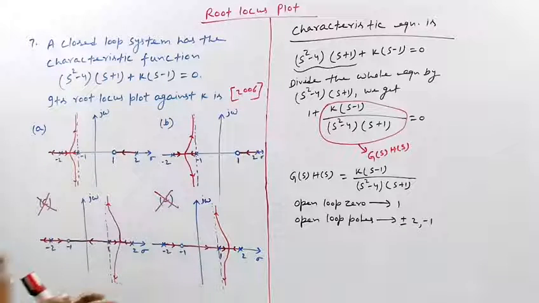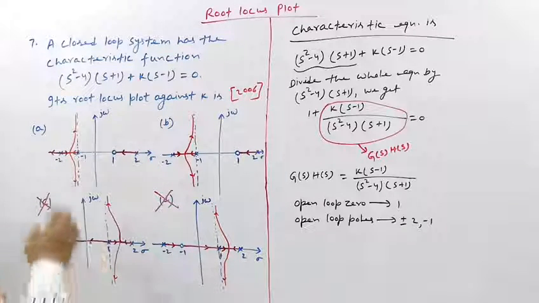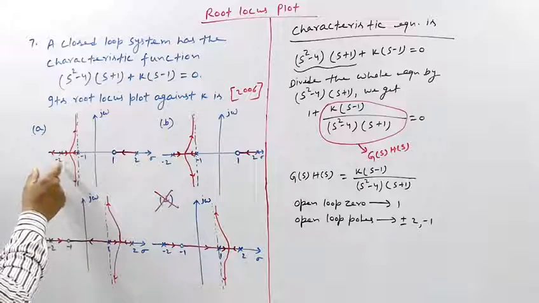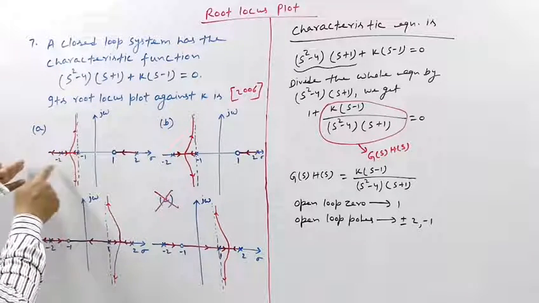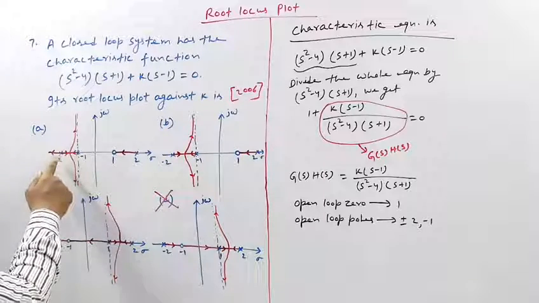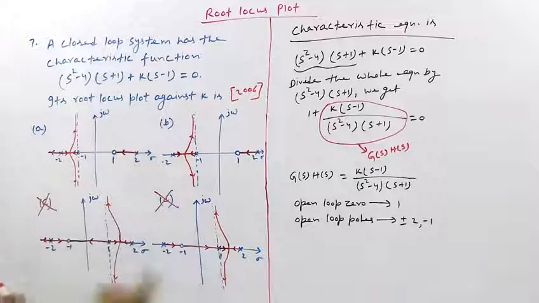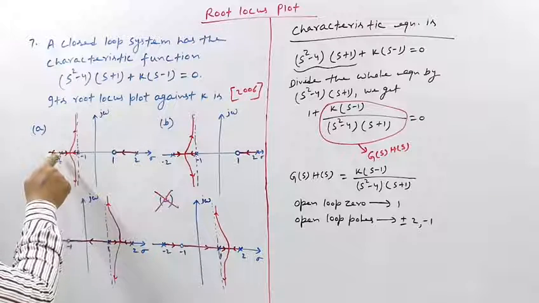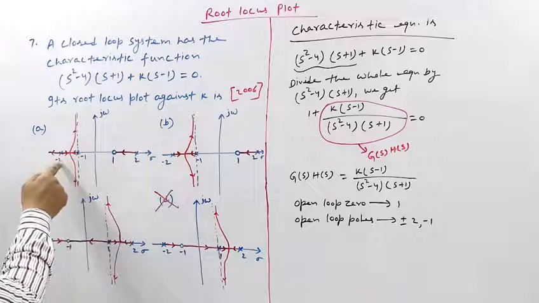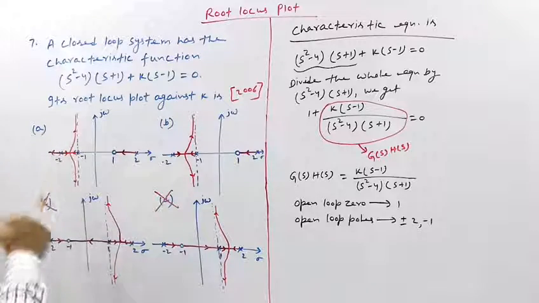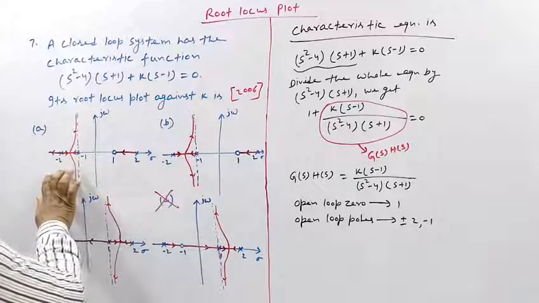The total number of poles and zeros right to this branch, right to the branch between minus infinity to minus 2, is 4. That is an even number. So the root locus cannot exist on the real axis left to minus 2. So this is not possible.